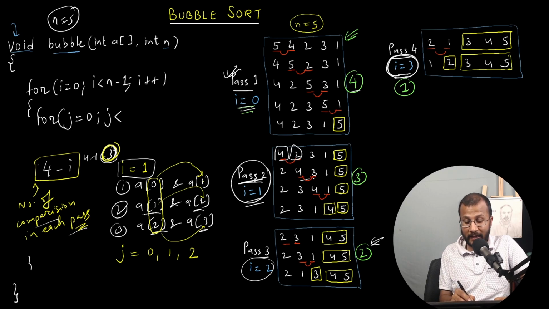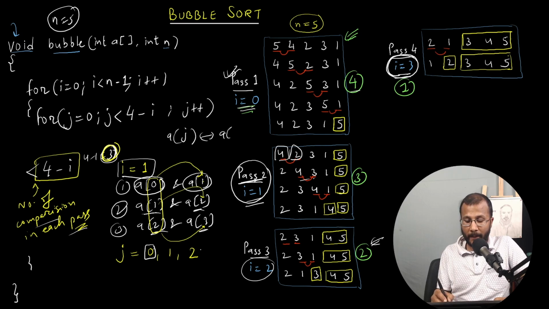That means it should be less than 4 minus i, and then j plus plus. This loop will help me run j from 0 to 2. So whenever j is 0, I am doing the comparison between a0 and a1. That means I am comparing the element at index j, that is a[j], with the element at index j plus 1, that is a[j+1]. So this is what I perform in this loop.